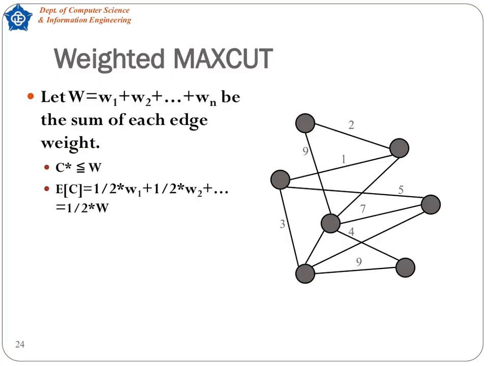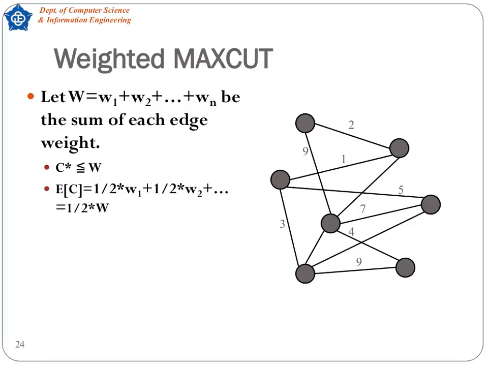Continuing our deep dive into weighted MAXCUT, let's establish some fundamental properties that will help us understand its solution space. On the left, we first define W as the total sum of all individual edge weights in a given graph. This value represents the absolute maximum possible weight if all edges were part of the cut, which isn't always feasible.